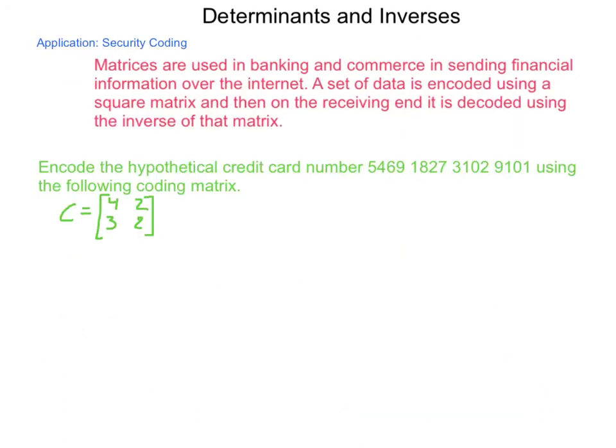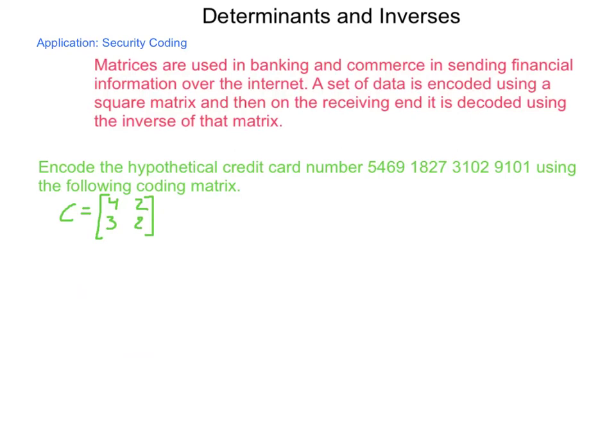Matrices can be used in banking and commerce in sending financial information over the internet. The set of data is encoded using a square matrix, and then on the receiving end it is decoded using the inverse of that matrix. Banks or financial institutions have agreements as to what their matrices are going to be for the encoding and decoding processes.